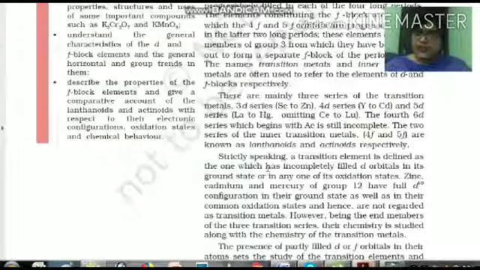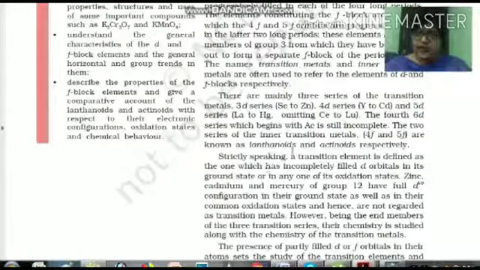The element must have incompletely filled d orbitals even in its ground state, or you can say normal state, or in one of its oxidation states. If it has partially filled d orbitals in the ground state or in one of the oxidation states, then only it will be considered a transition element.